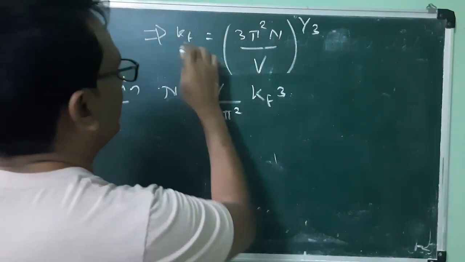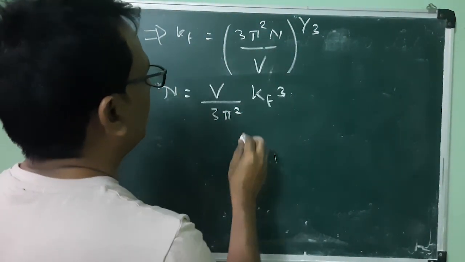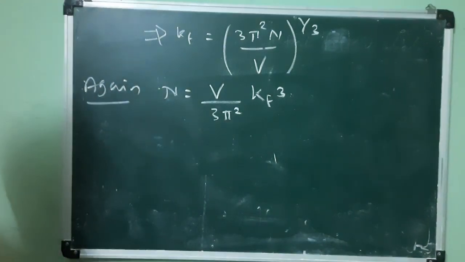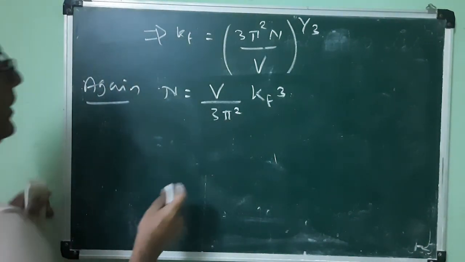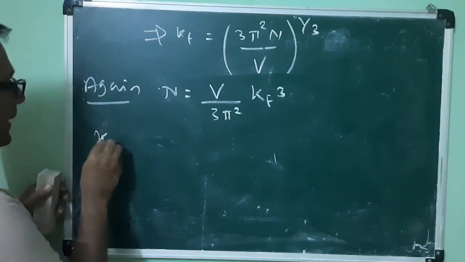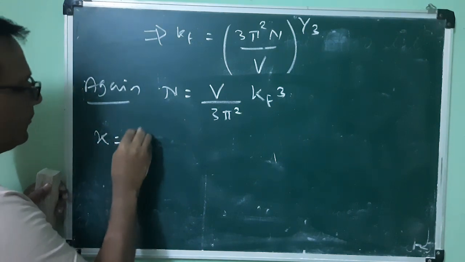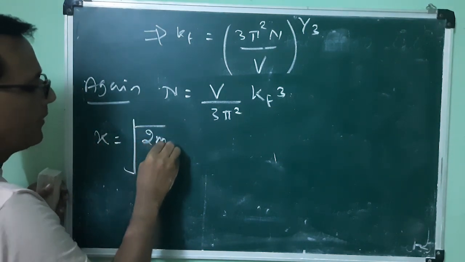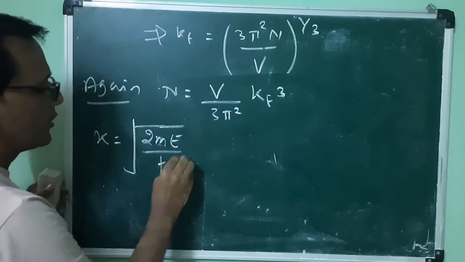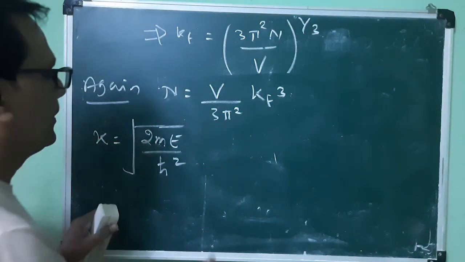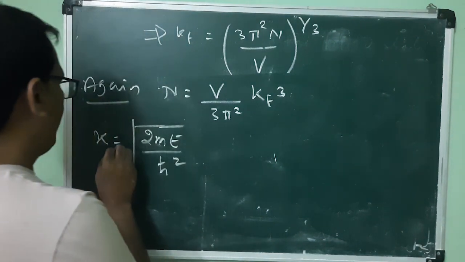We have k in terms of energy, which is (2mE by ħ square) to the half. So we can put in here this kF or k.